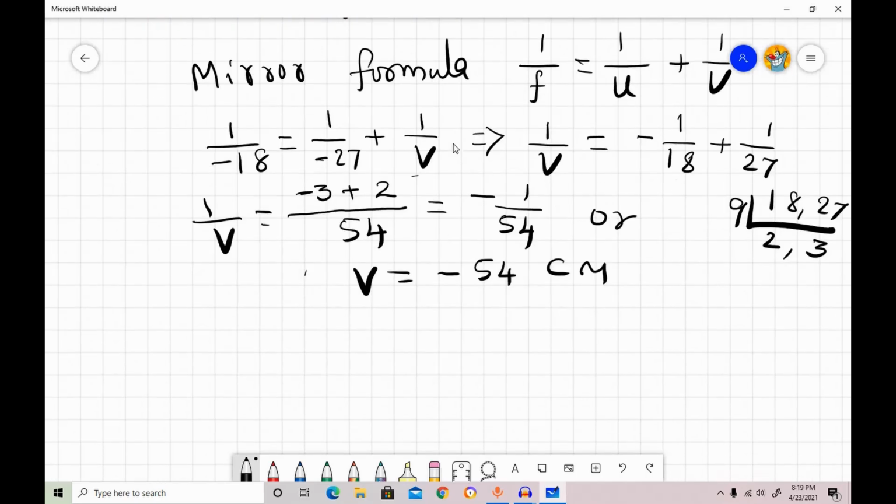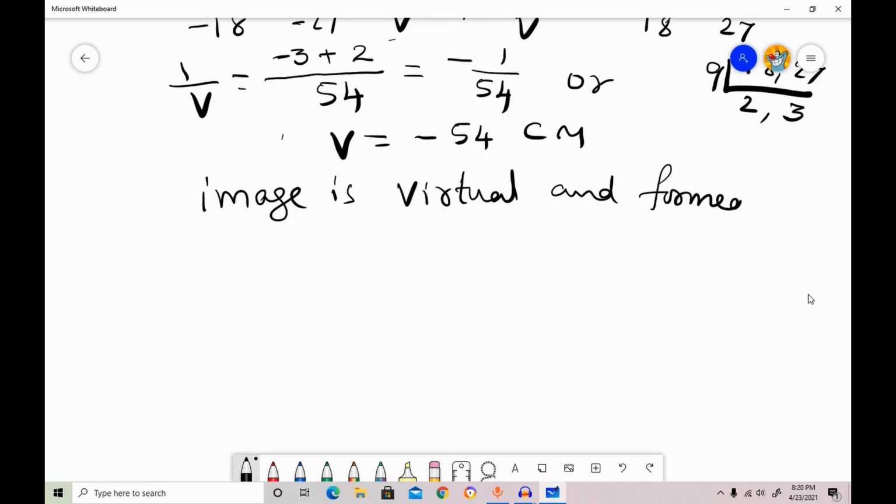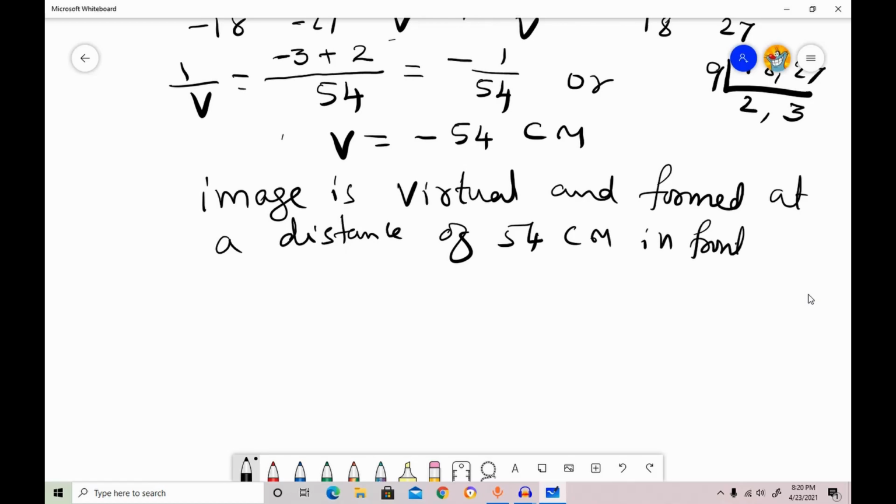So write your answer: Image is virtual and formed at a distance of 54 centimeter in front of it.